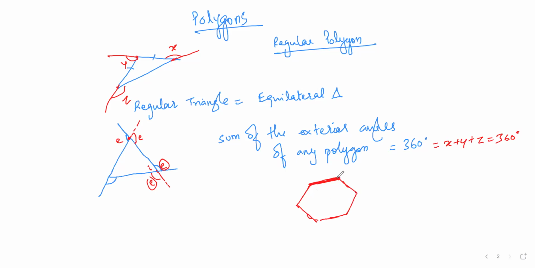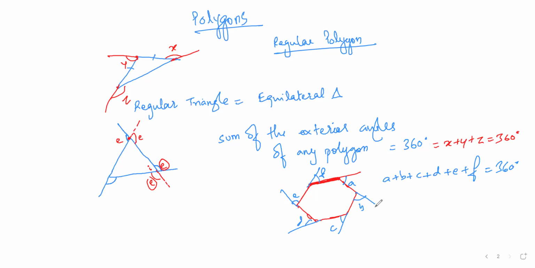If this is my exterior angle, this is another exterior, exterior, exterior. I'll only take one on each vertex. If I were to name them A, B, C, D, E, and F, then A plus B plus C plus D plus E plus F will be equal to 360 degrees. Remember that. So that was one point.